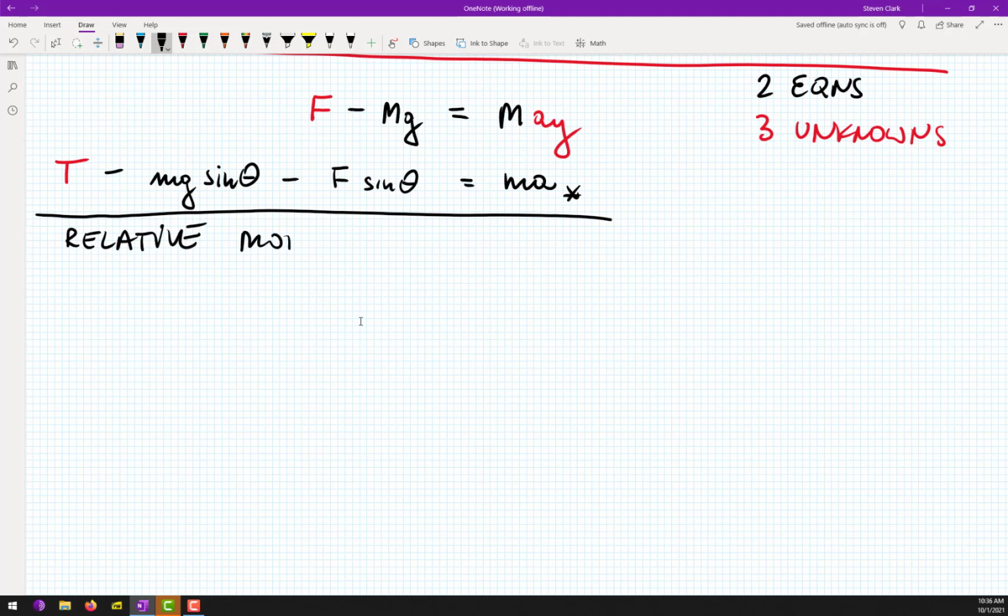Relative motion. I think I'm going to steal my drawing. In other words, let's look at a B A. This vector.